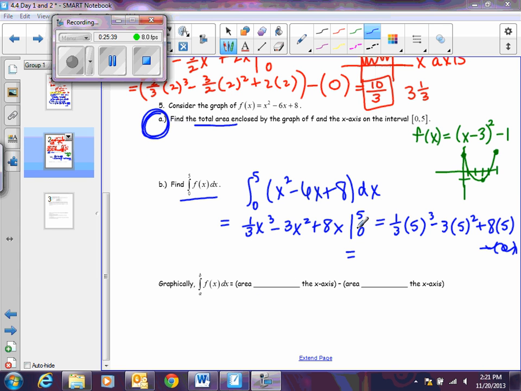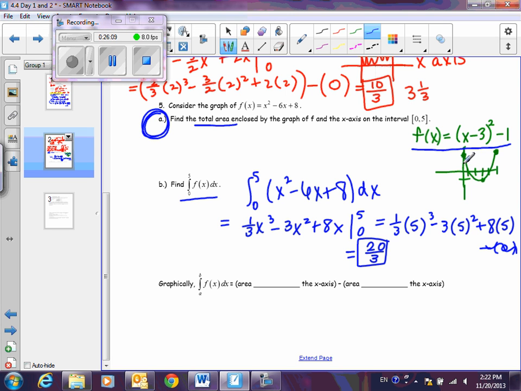Okay, let's finish going over this one. If you're watching this video, notice I did a lot of work while I was talking. So, what did you get for your final answer on this integral? 20 over 3. Okay, so what I did here is I completed the square and wrote this in vertex form, same parabola. If you notice, between 0 and 5, some of this parabola is above and some of it is below.